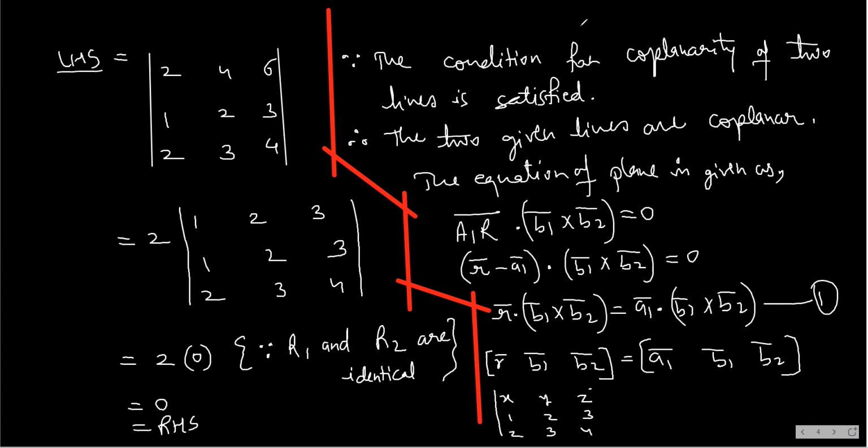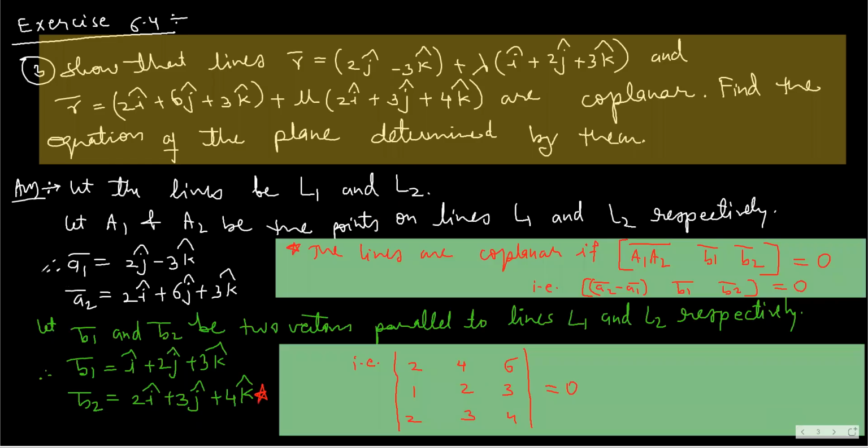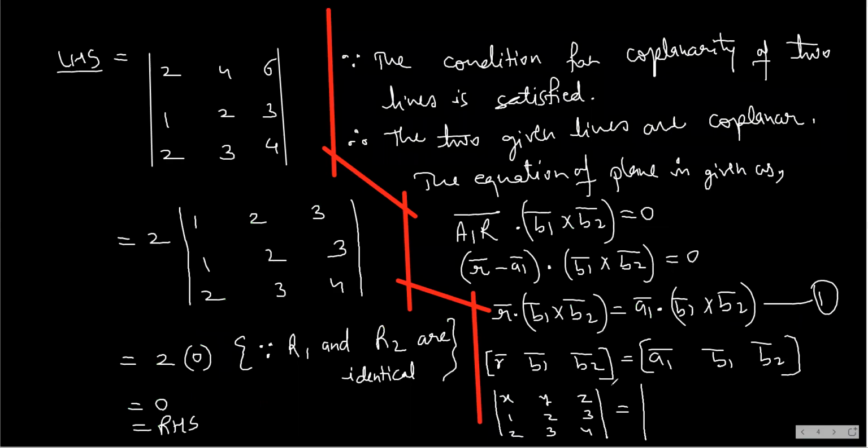This is the determinant, and on this side you will have A1 bar. What is A1 bar? A1 bar is 0, 2, minus 3. B1 bar is 1, 2, 3. B2 bar is 2, 3, 4. So you solve this and you will get the Cartesian equation of the plane.